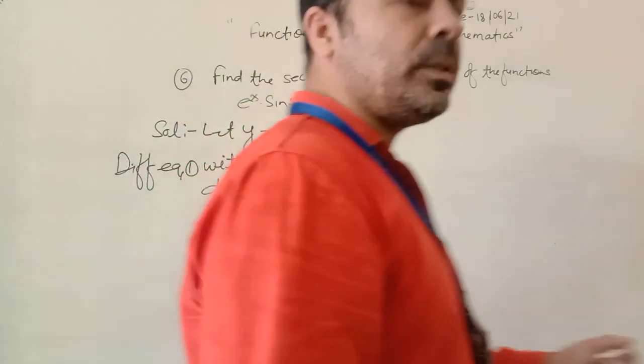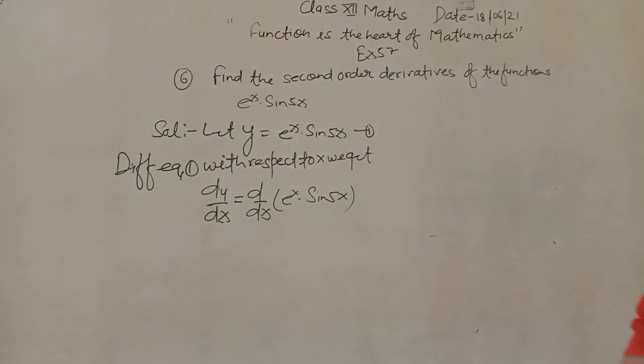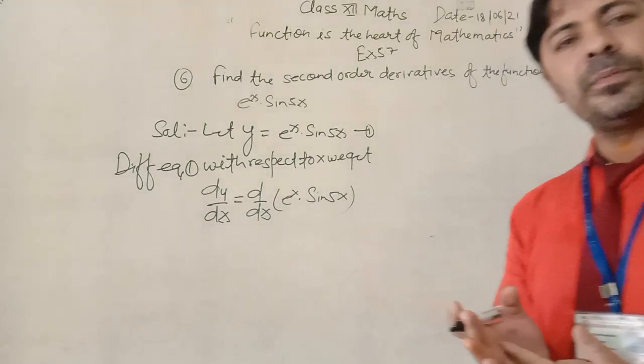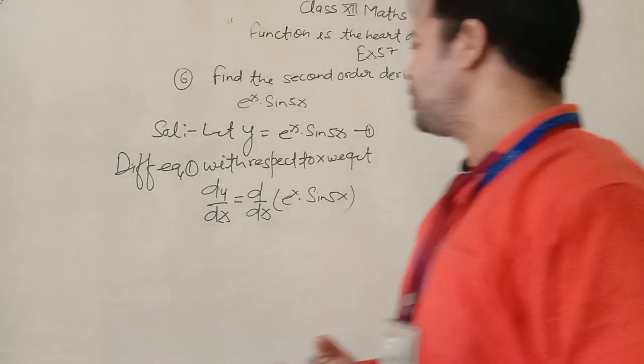This is the product of two functions. You know that differentiation of the product of two functions is equal to first function into d by dx of second function plus second function into d by dx of first function.